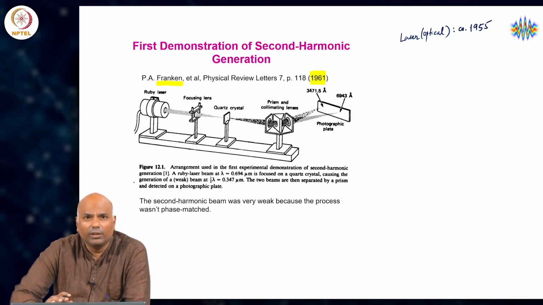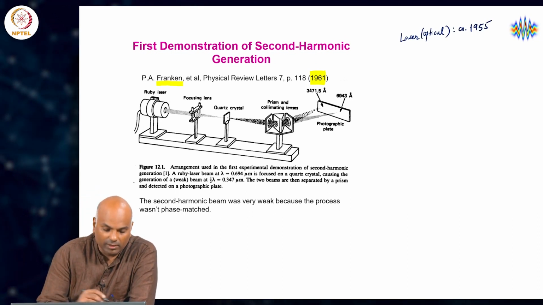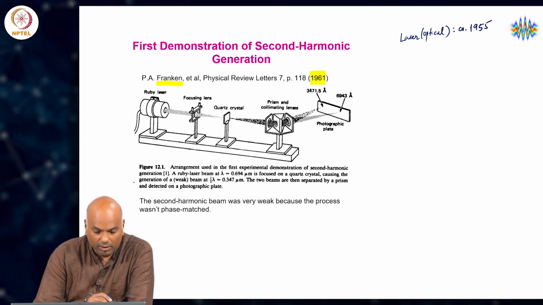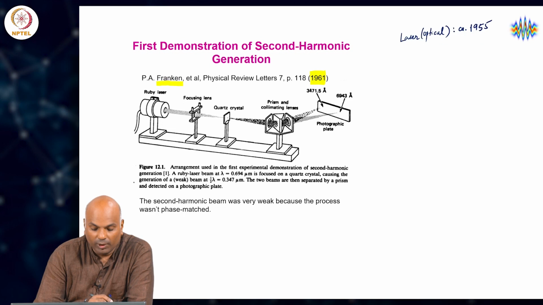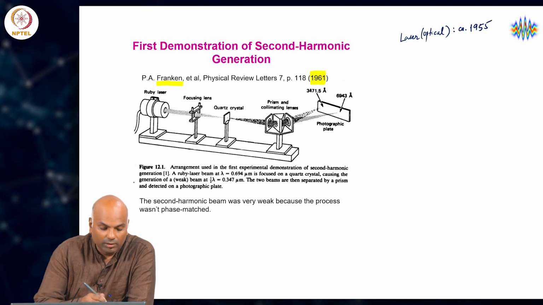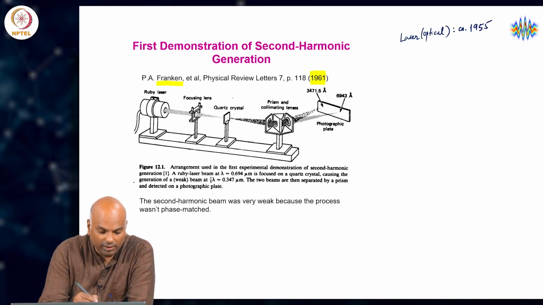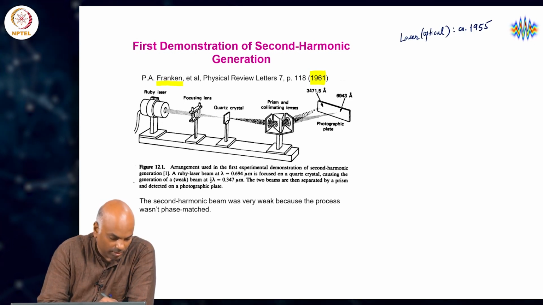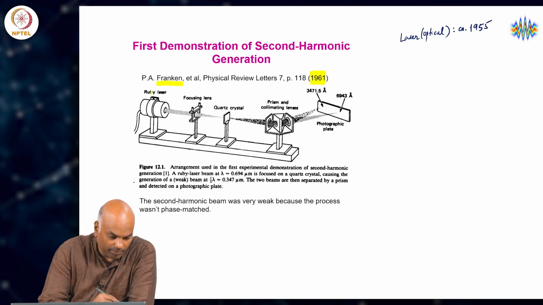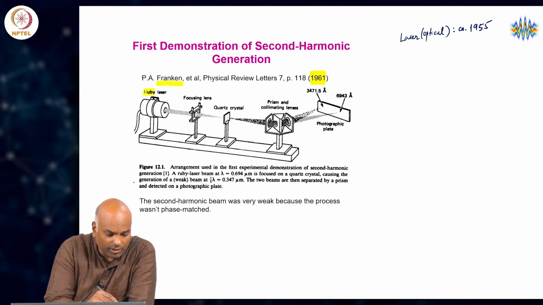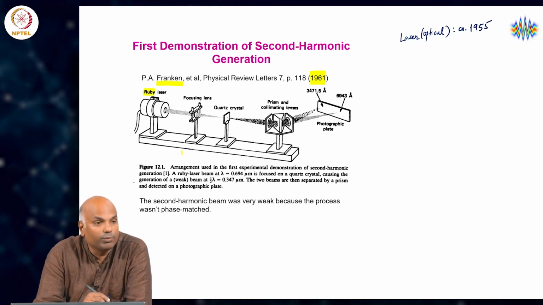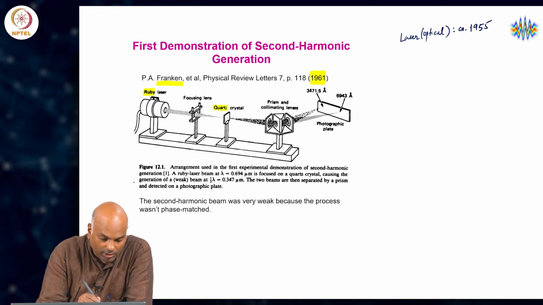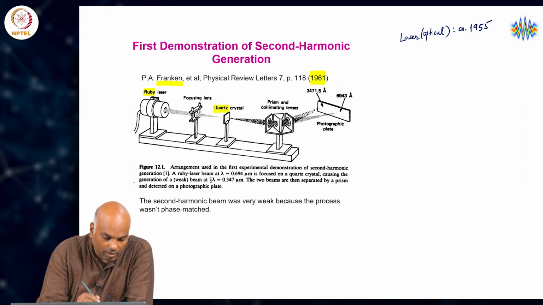So, within a few years scientists applied this to generate the second harmonic, using a ruby laser in the red part of the frequency spectrum. Remember this is the first laser to be demonstrated, the ruby laser, right, in a quartz crystal. Okay.